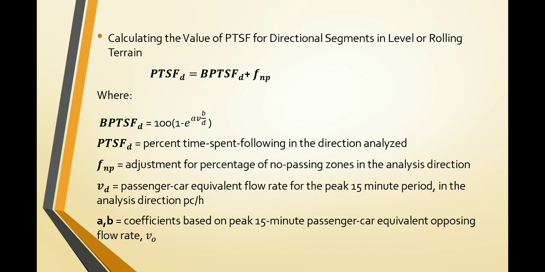FNP is the adjustment for the percentage of no passing zone in the analysis direction. VD is the passenger car equivalent flow rate for the peak 15 minutes period in the analysis direction. A and B are coefficients based on the peak 15-minute passenger car equivalent opposing flow rate, VO.